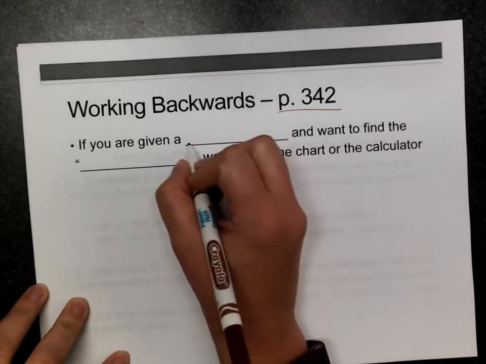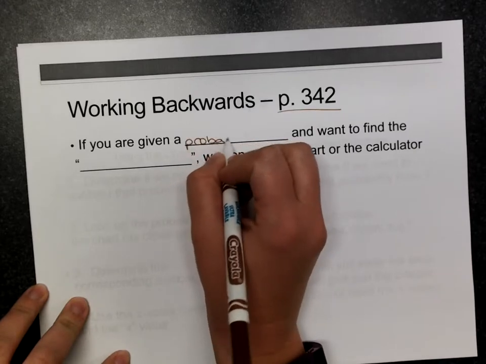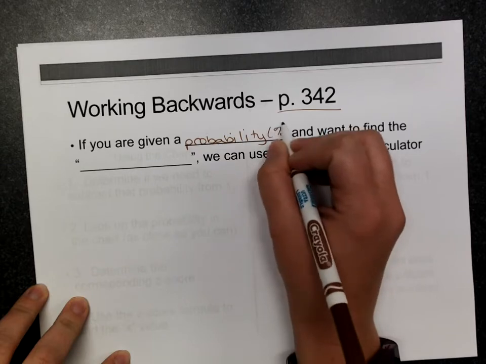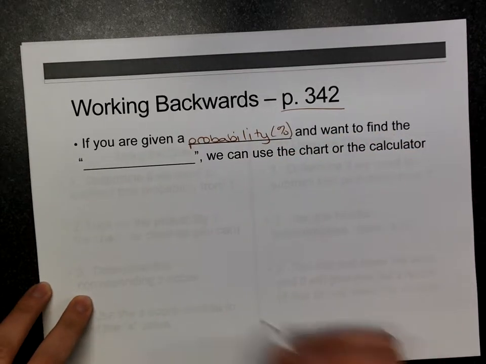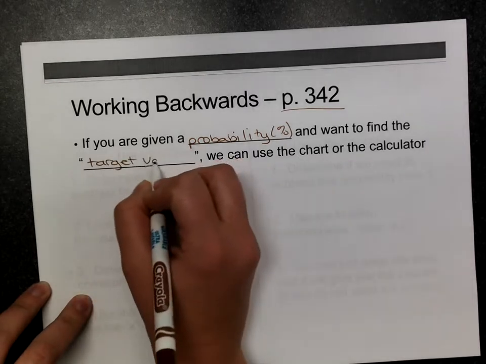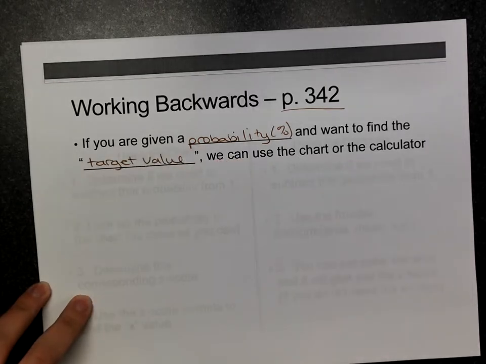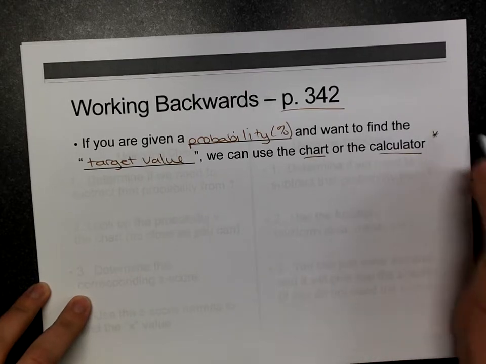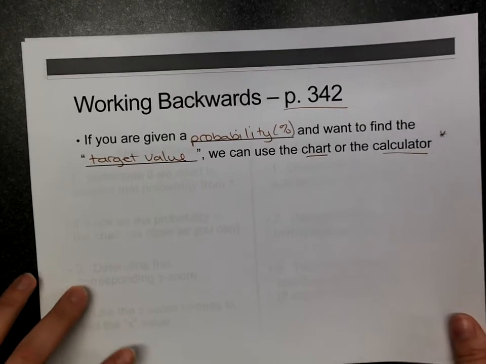So if you are given a probability, which is usually in the form of a percentage, and you want to find what I call the target value, we can again use the chart or the calculator. I think most of you will prefer the calculator.